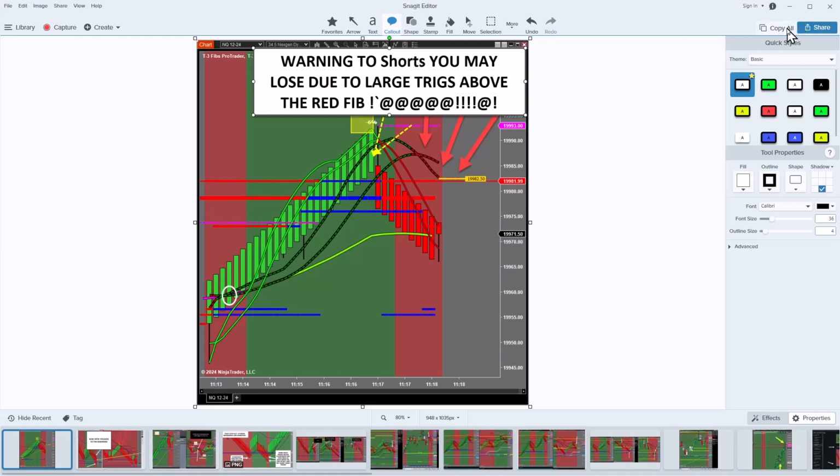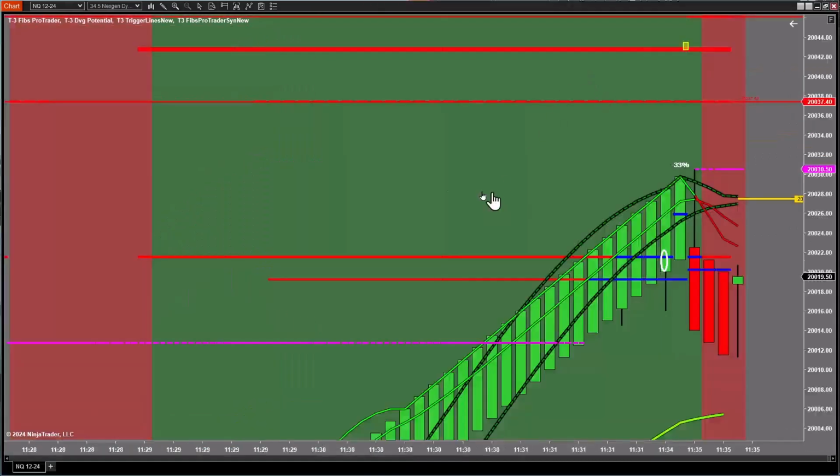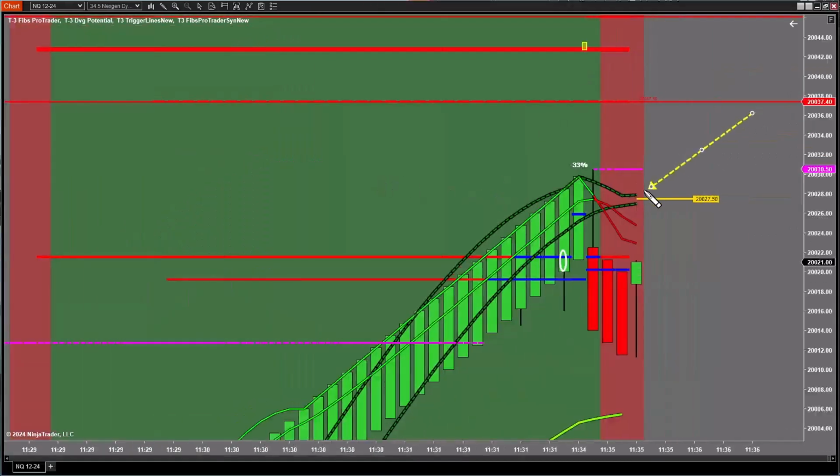This one's even more horrifically warning you that you're going to be screwed if you go short. Can you see the warning? Look at where the large triggers are. It's like, F you 9 ways to Sunday. We came down here to suck everybody into going short, but we're not going short. I mean, they might, but I bet you $50 they go up.